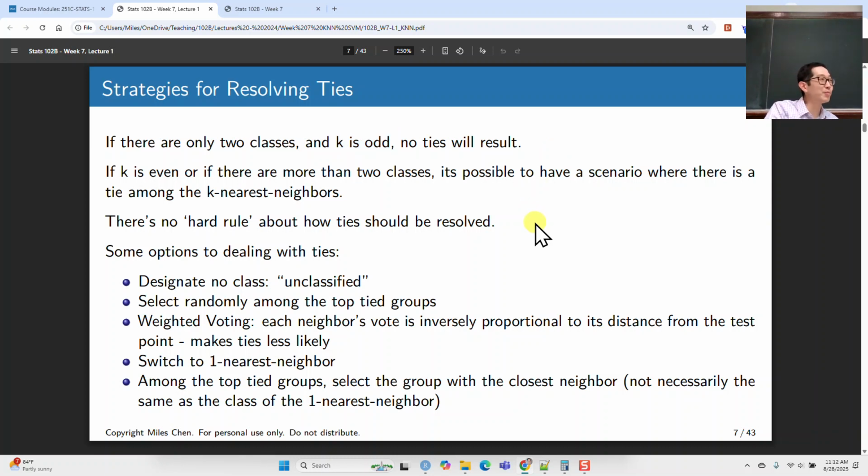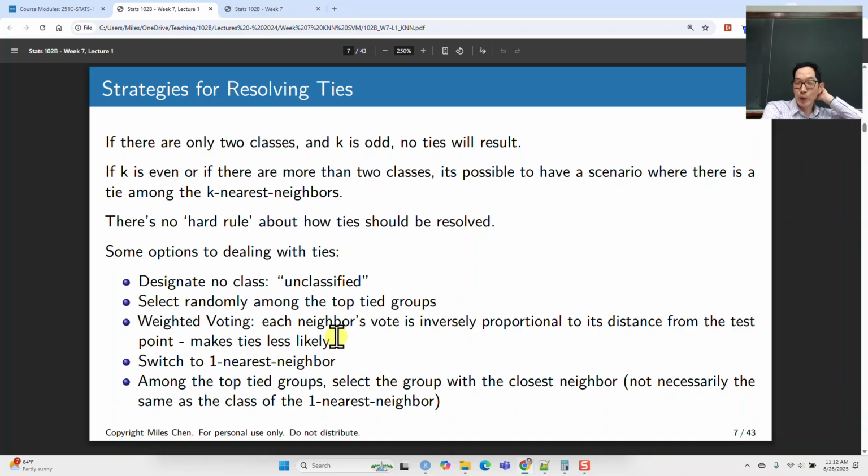But as soon as you have more than two classes, a tie is possible, and there's no hard rule for how to resolve ties. The safest is to designate it as unclassified, but that might be the least satisfying. Or you can select randomly among the top tied groups.